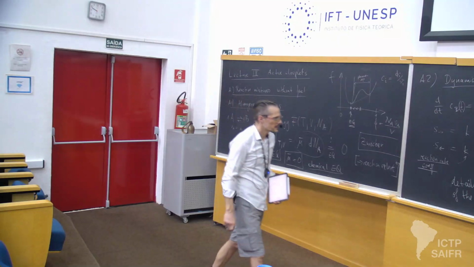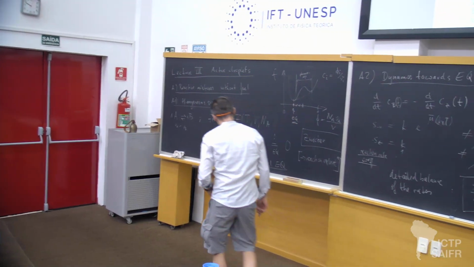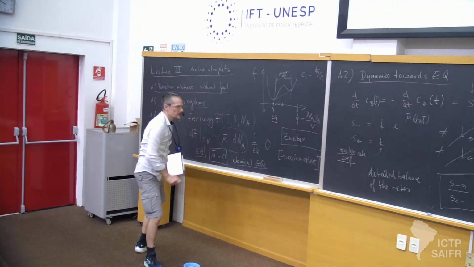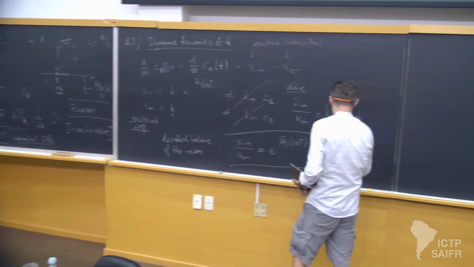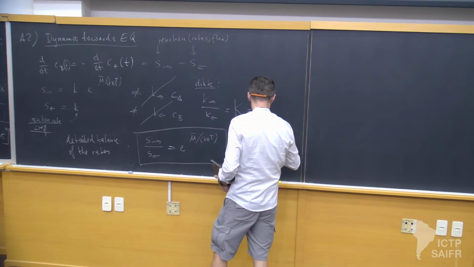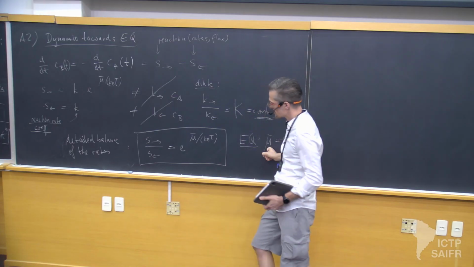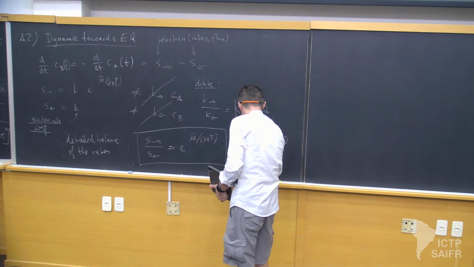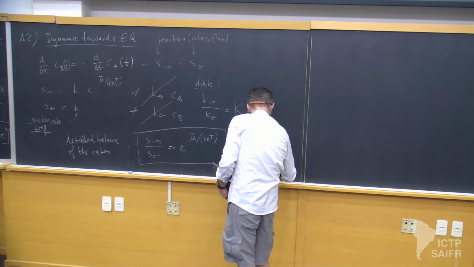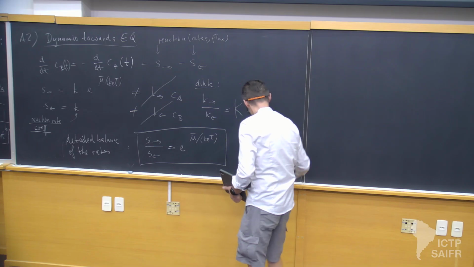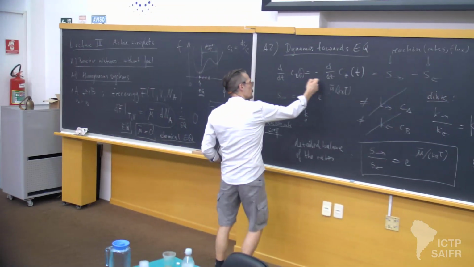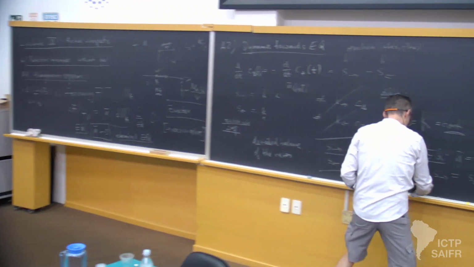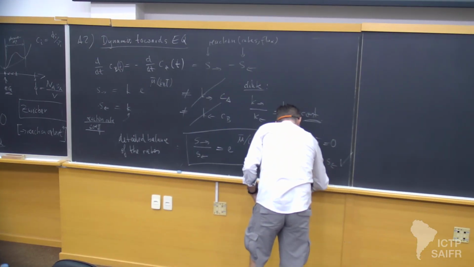How do we see it? Equilibrium is mu bar being 0. So if mu bar is 0, I see that the forward and the backward pathway cancel, which means there's no time change of the components.